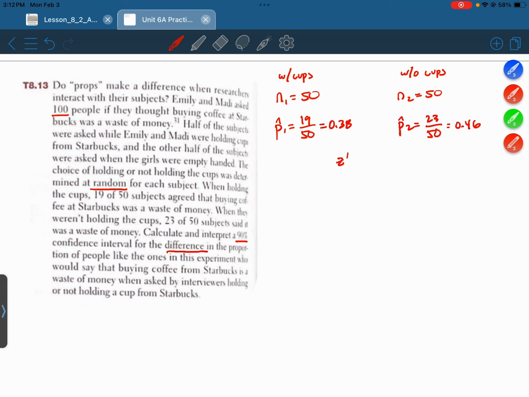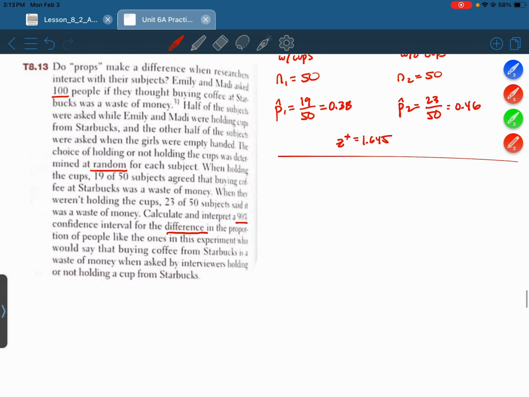Okay, so z star is 1.645. All right. Now, we've got to follow the 4C method when we create this interval, right? And this ensures that we have everything that we need in our response to get maximum points.